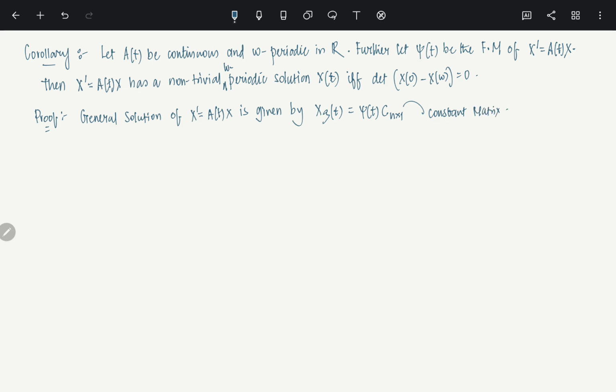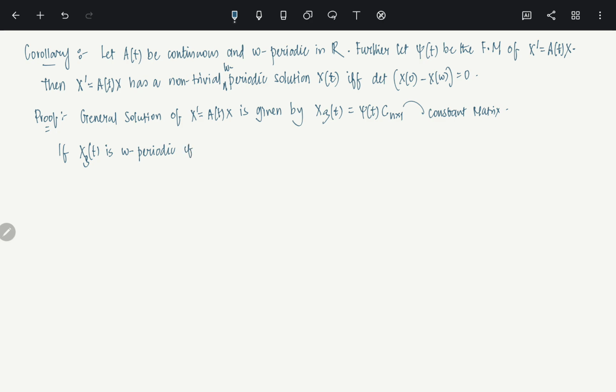Now you see, what do we need to do? If one of these solutions, x g of t, is w periodic for some constant c, then it is w periodic.